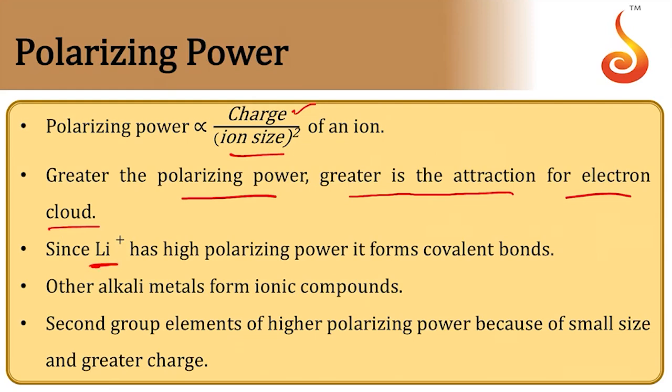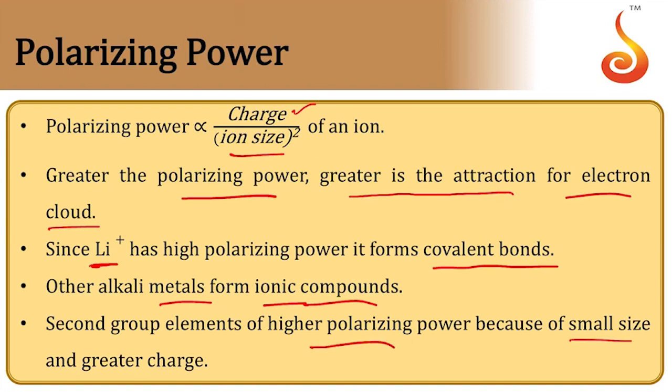Li+ has more polarizing power, and therefore lithium compounds are mainly covalent in nature. Other alkali metals form ionic compounds. So only lithium compounds have covalent character, whereas other alkali metals have only ionic properties.